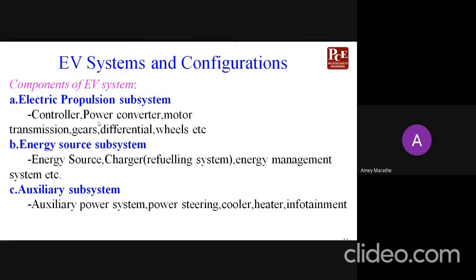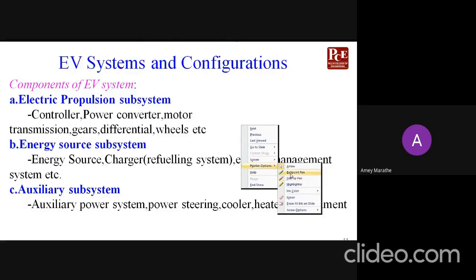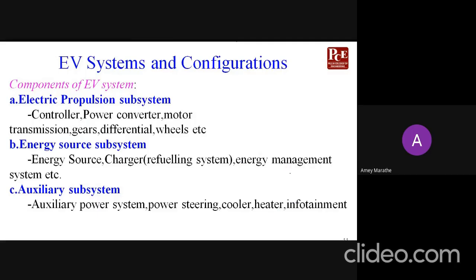Now this electric propulsion subsystem consists of a controller, a power converter, a motor, transmission, gear, differential, and wheels. So this is what the electric propulsion subsystem consists of. Then the energy source subsystem. The energy source can be a battery, it can be a fuel cell, it can be any energy source. So it basically consists of a charger, energy management system, EMS, etc.